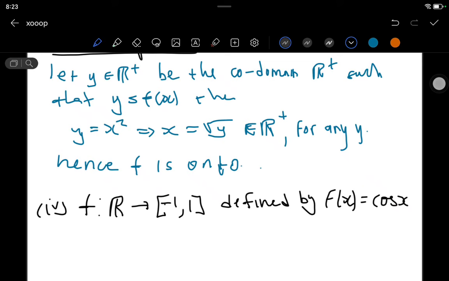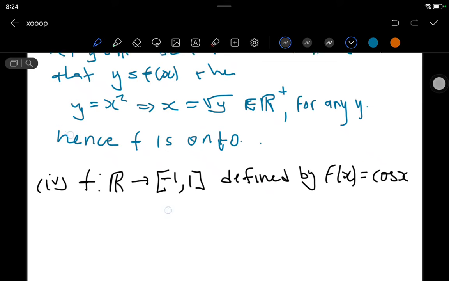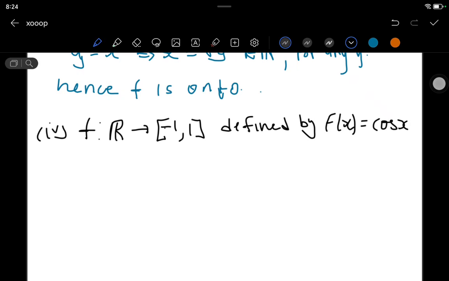Right? So now we check this. We're given that f is moving from R to the closed interval minus 1, 1, right?